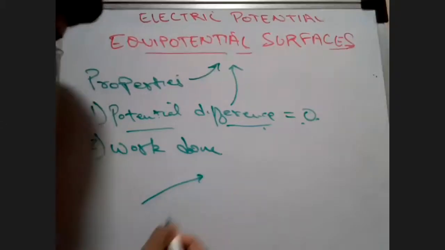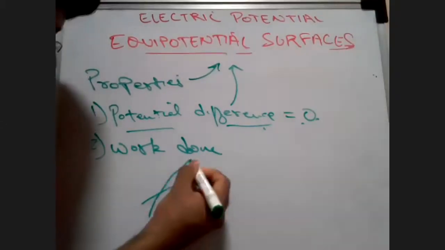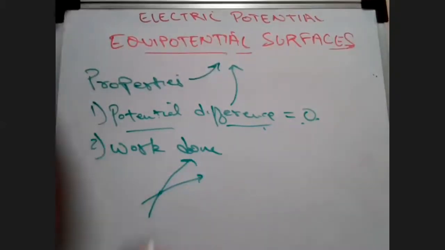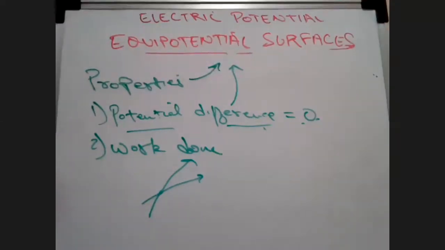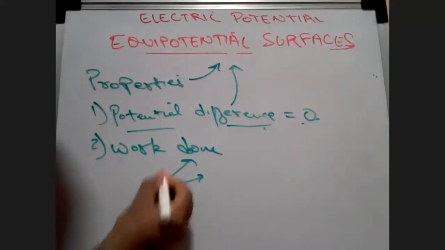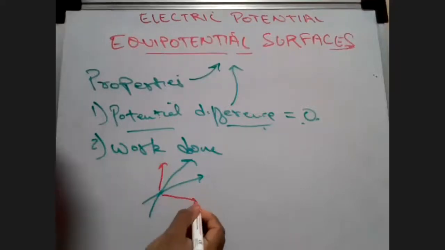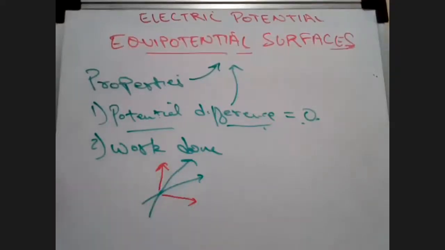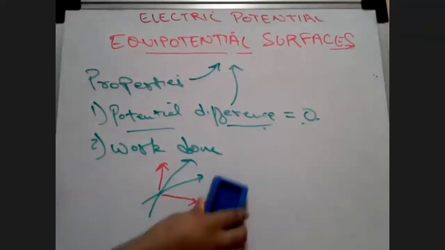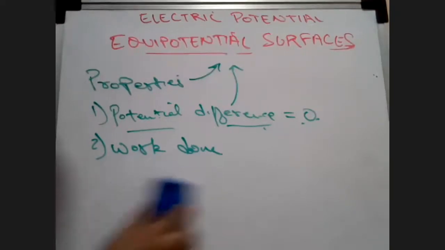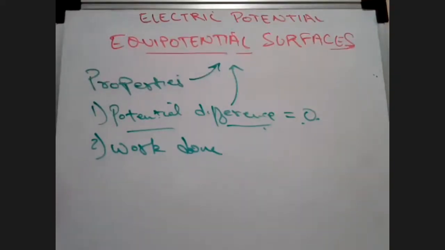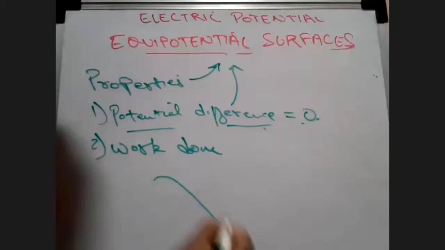Just like electric field lines, there can never be a point where the direction is over here and also over here. That is against the law of physics, so that is not going to happen. In a similar fashion, the equipotential surfaces that you draw, which are perpendicular to the field lines, are never going to intersect each other.